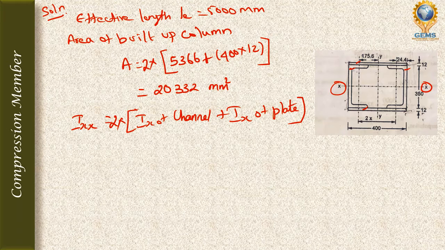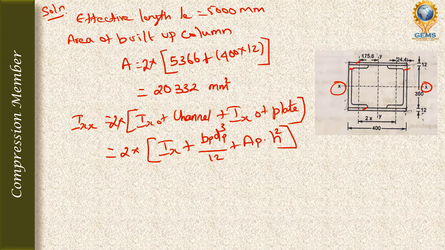Ix of channel is directly given in the question, so 2 times Ix, no problem. Plus, what is the Ix of plate? Breadth of plate into depth of plate cube by 12 plus area of the plate into h square.